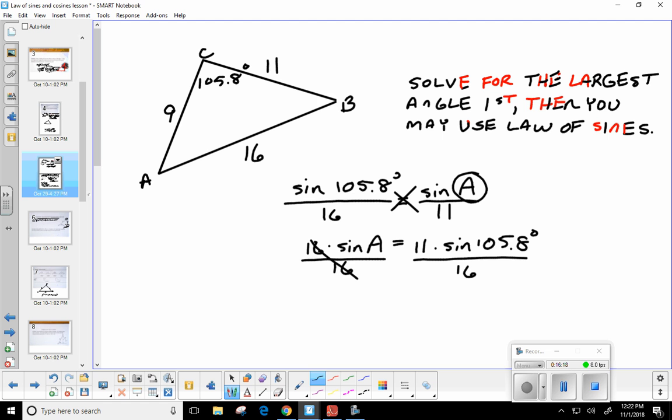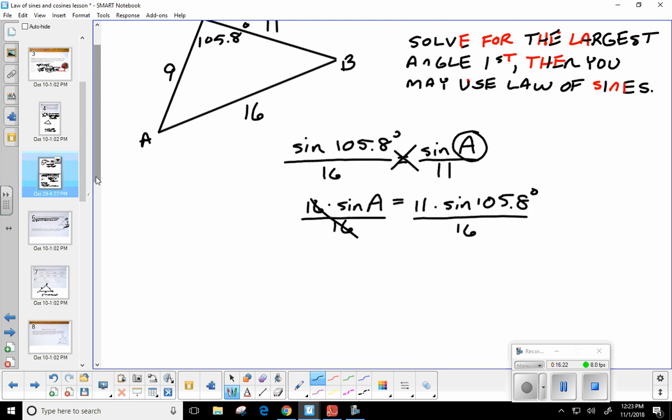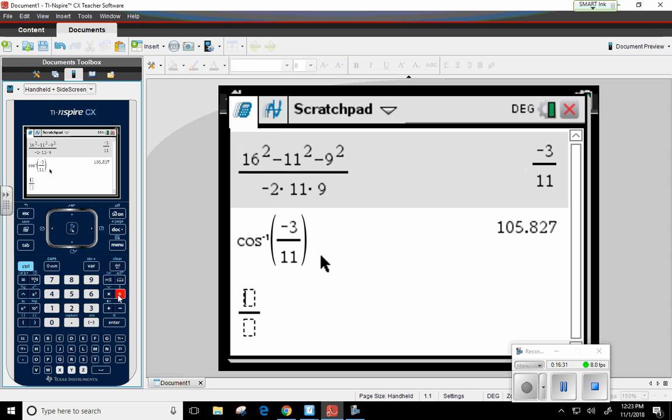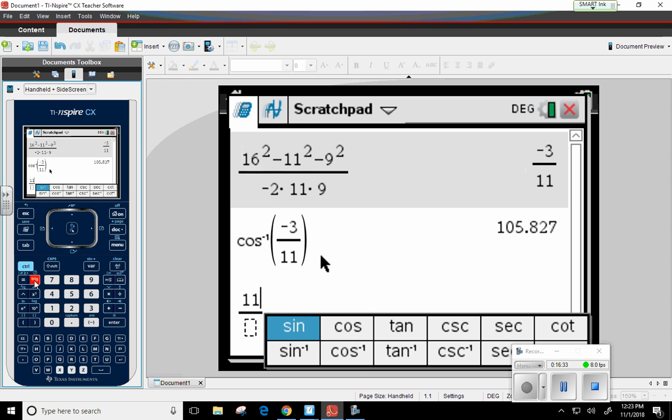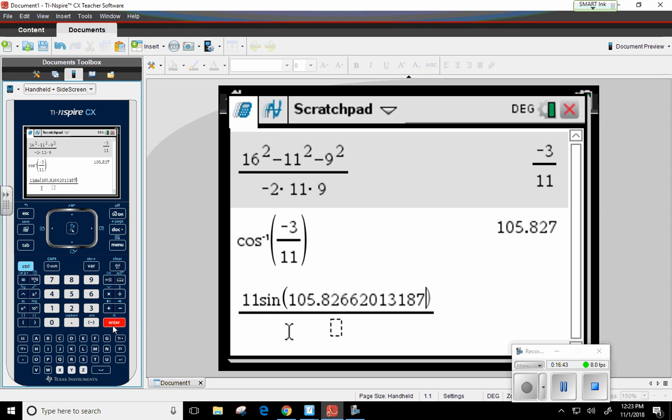Okay. And I know some people are probably saying, well, Mr. West, if you go ahead and plug it in with the 105.8, since we rounded it, won't that affect our answer? Okay, well, it will, but that's why I'm going to go ahead and do this. I'm going to hit Control Divide. We have 11 times the sine. Oh, thank you, Rhett. But instead of just putting in the 105.8 that we rounded to, I'm going to, again, use that value that's already in the calculator.